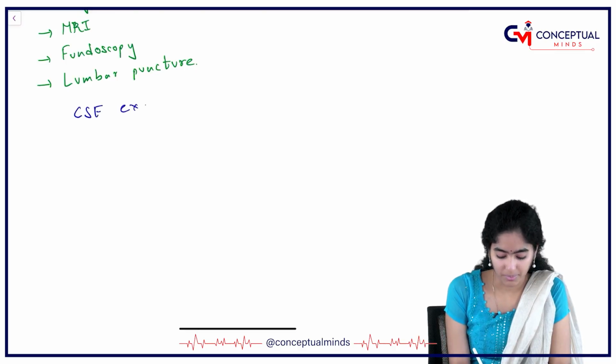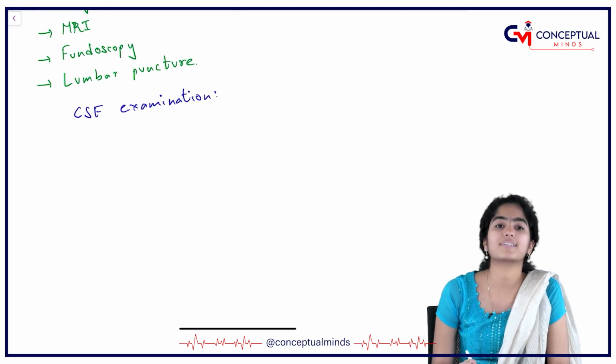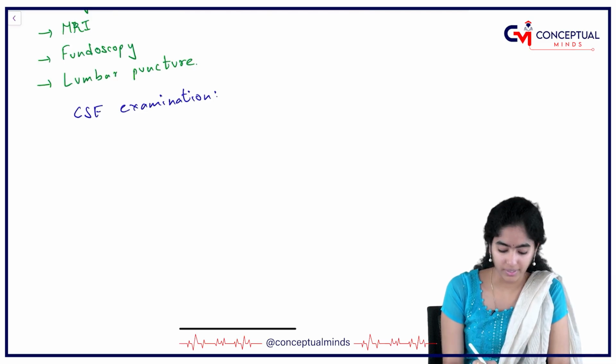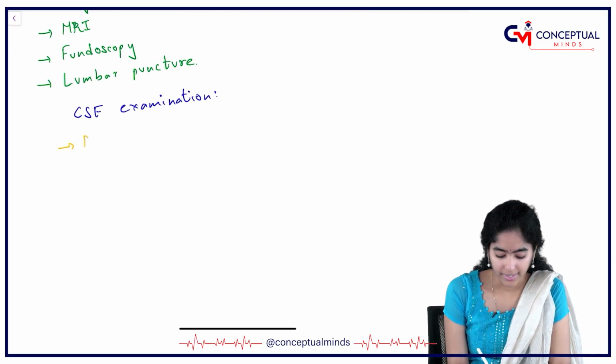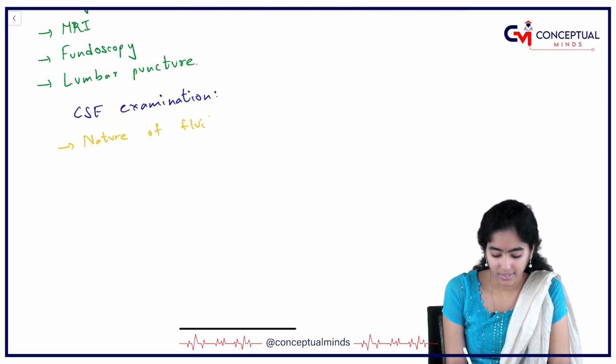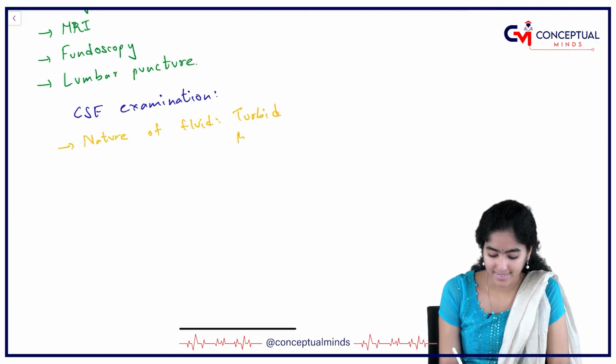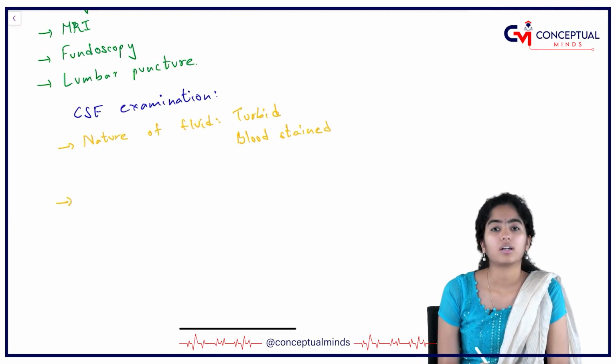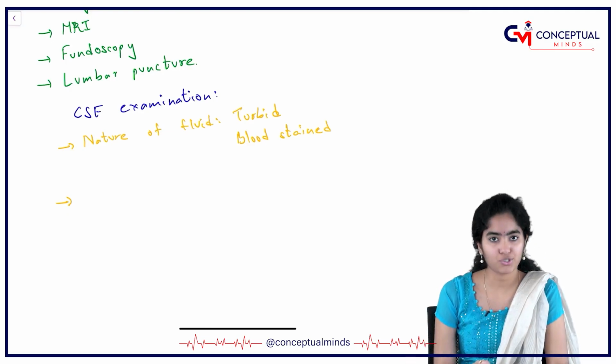CSF examination reveals the following information to us. First, we can observe the nature of fluid, that is, whether it is turbid, blood-stained, serous, purulent, all these things can be observed just by mere physical examination.